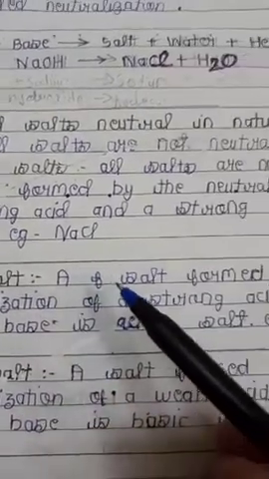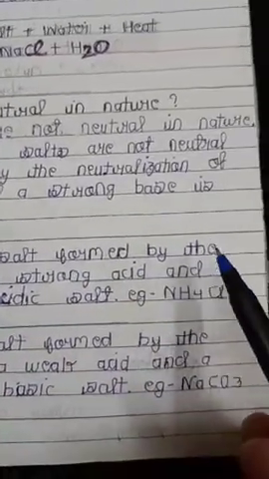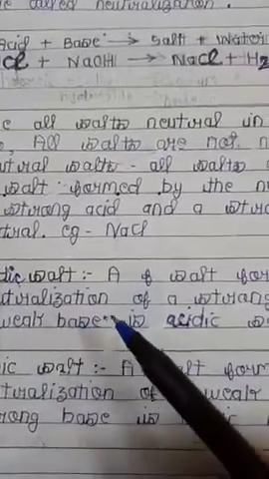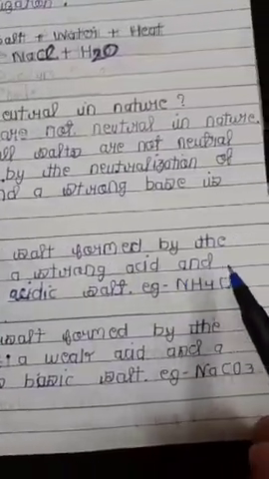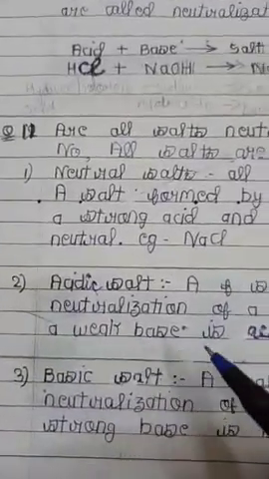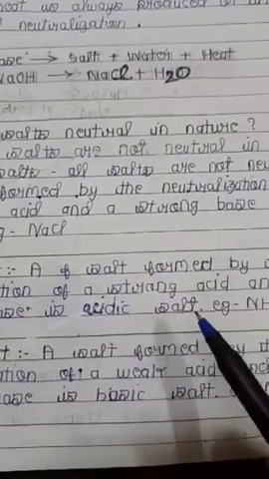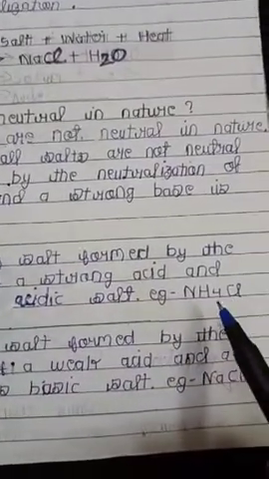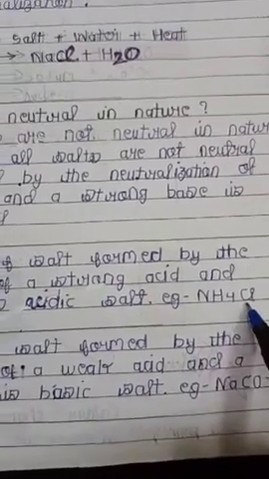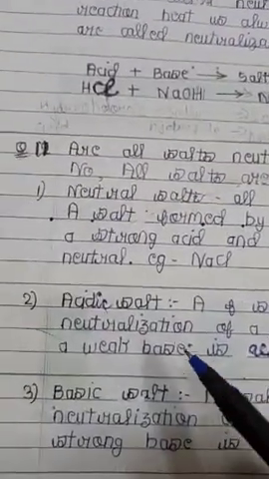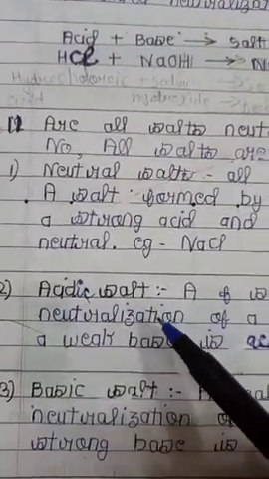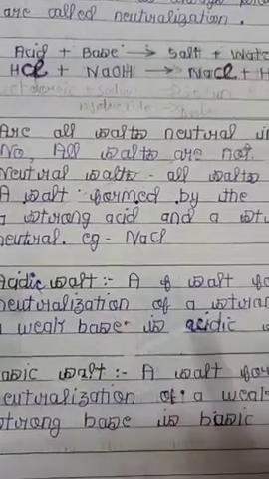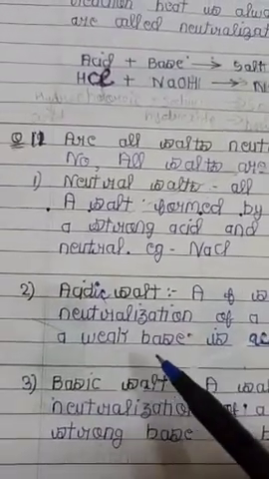So a salt formed by the neutralization of a strong acid and a weak base is an acidic salt. For example, ammonium chloride is an acidic salt because we use a strong acid and a weak base.